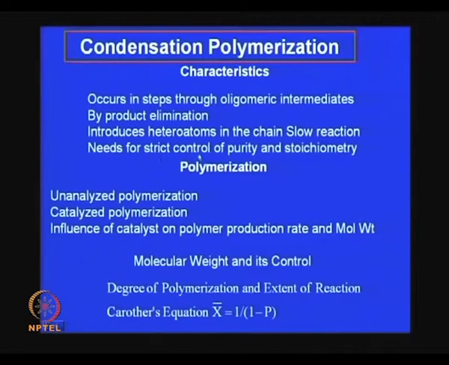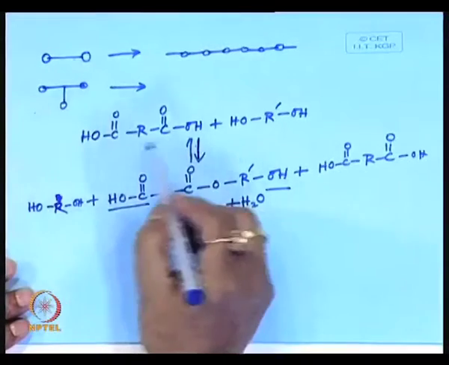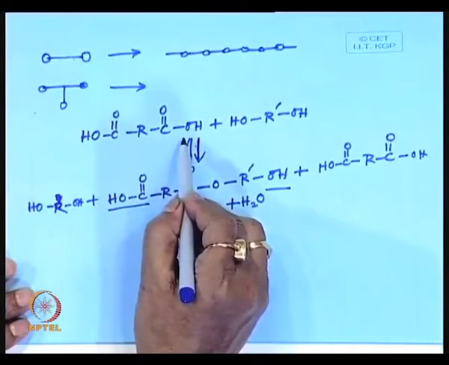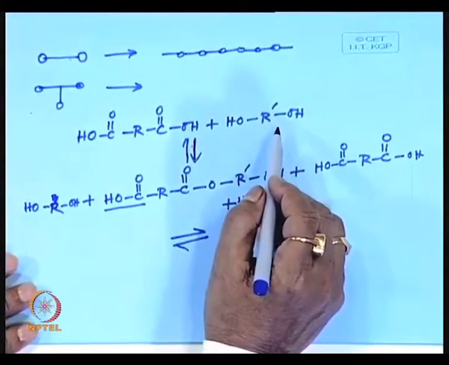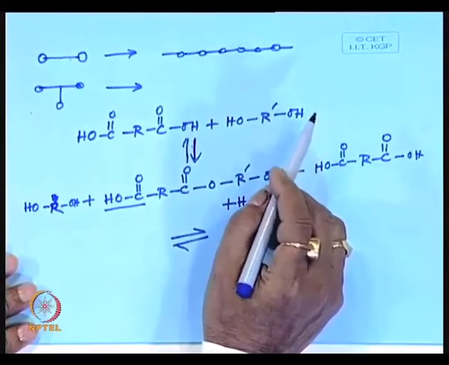And one most important parameter is that this kind of step reaction polymerization, polycondensation reaction, needs a very strict control of purity and reaction stoichiometry. Stoichiometry, I mean, here you see you have taken this diacid monomer and this diol monomer, then what is the molar ratio of these monomers?